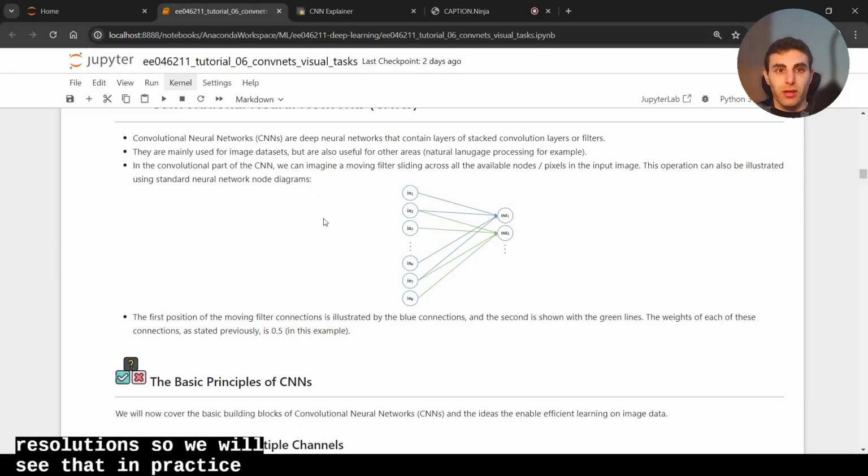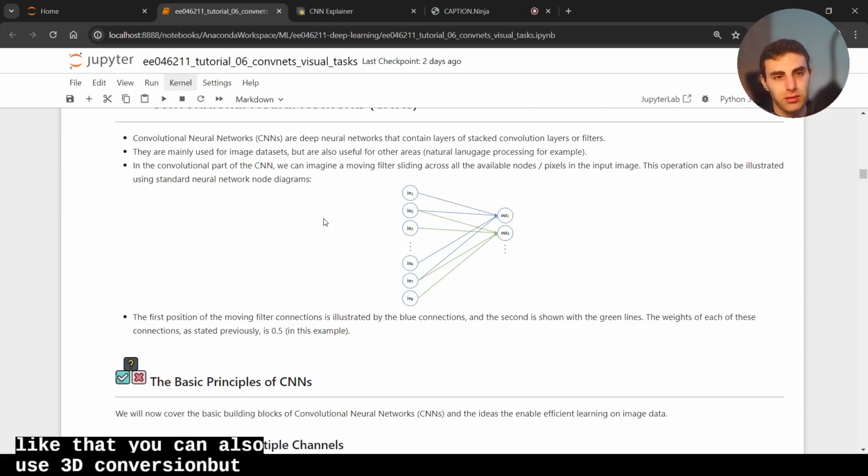Now I'll just note that convolutions are mainly used for image datasets, but some other areas also use convolution. For example, in NLP you can use 1D convolution, and you can also work on 3D data, like meshes, with 3D convolution.